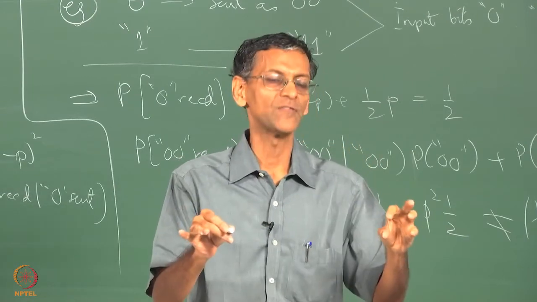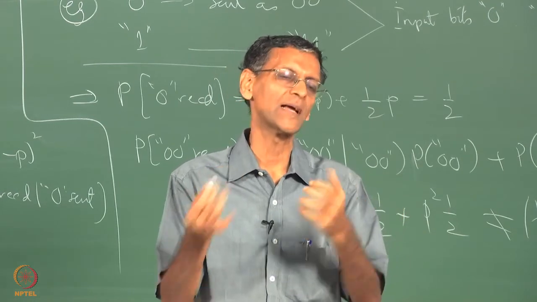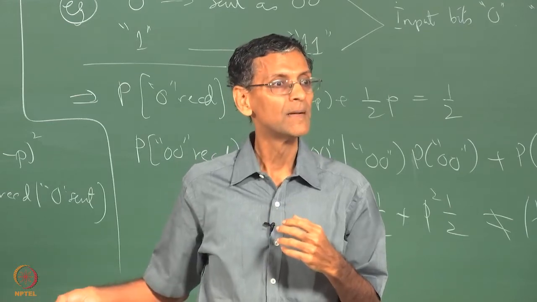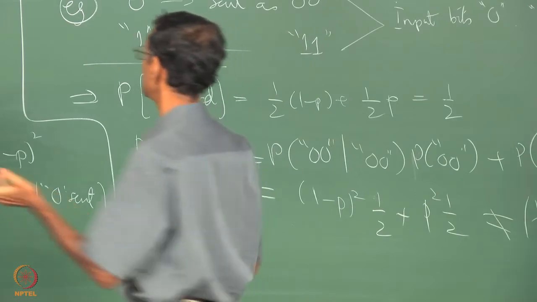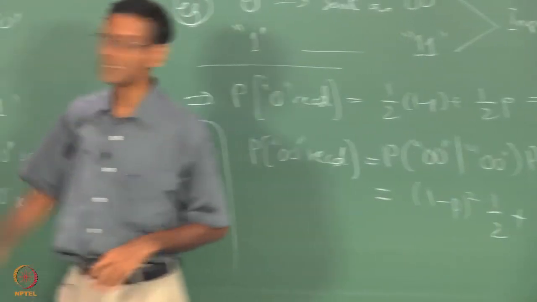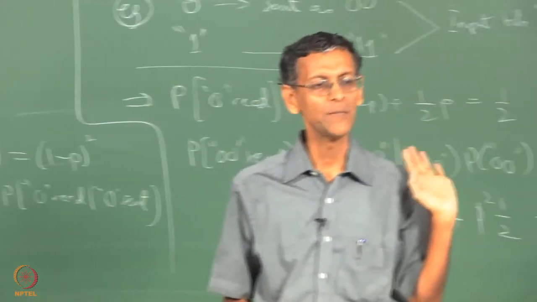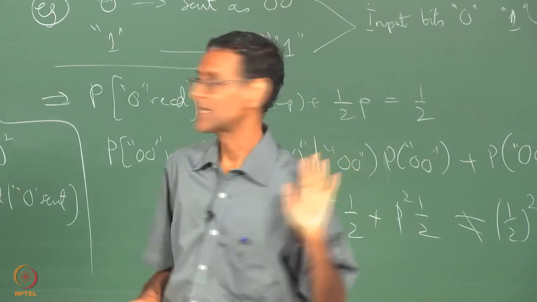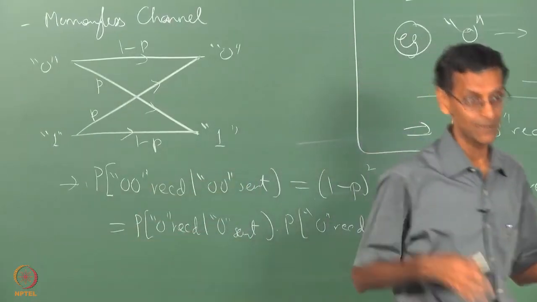The reception of that can be either 0 0 or 1 1, but the 0 0 can also come from 1 being sent, which will be sent as 1 1, but the channel does not know about the coding, right. The coding is done independently of the channel. The same channel is used for all the coded bits independently, right. So that is a conditional independence which is imposed by the channel.